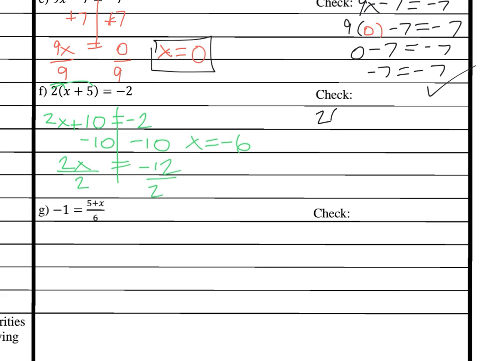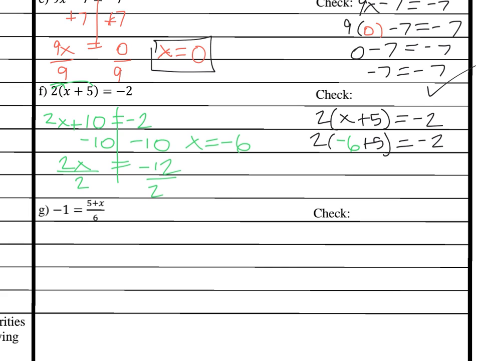We go ahead and check our answer. So 2 times x plus 5 equals negative 2. We plug in by substitution what we got for x, which was negative 6, plus 5 equals negative 2. Simplifying, so do what's inside the parentheses first.